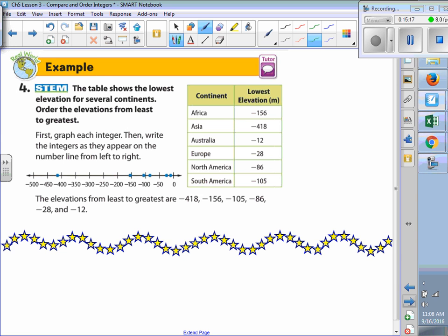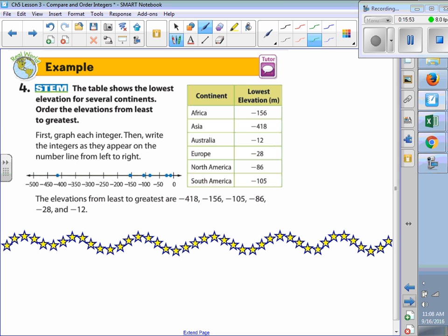All right, the table shows the lowest elevation for several continents. Order the elevations from least to greatest. Now, here, they're all negatives, right? So the rule that comes into play here is the lower the number, the higher the value, right? Here we're going from least to greatest, so we want to look for the highest number, right?